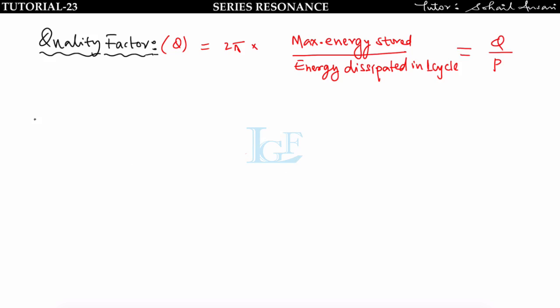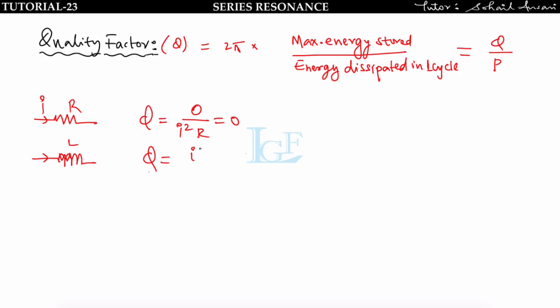For a purely resistive circuit, quality factor is reactive power upon active power. The reactive power is 0 and the active power is I square R, so the quality factor is 0. For a purely inductive circuit, it is I RMS square XL upon I RMS square R. Since the resistance of a purely inductive circuit is 0, the quality factor will be infinite.